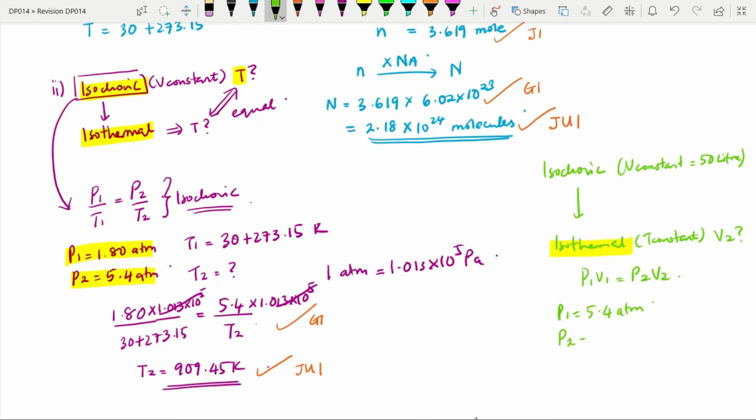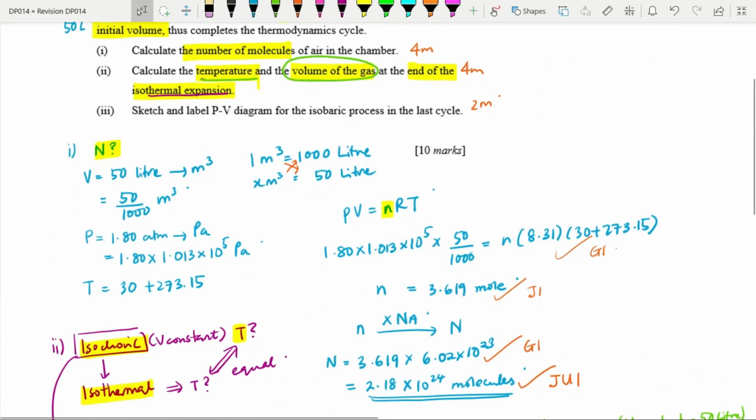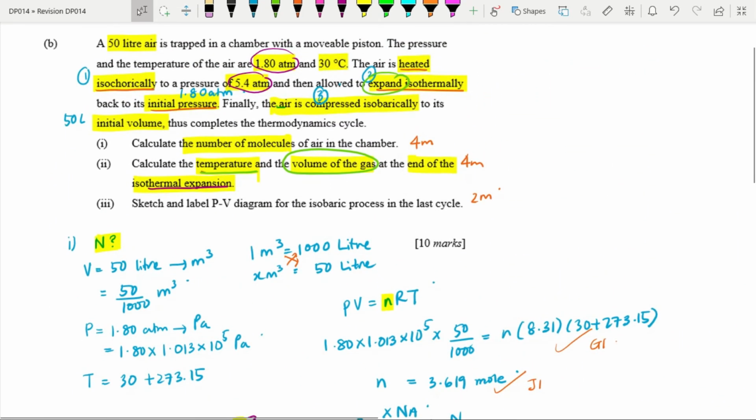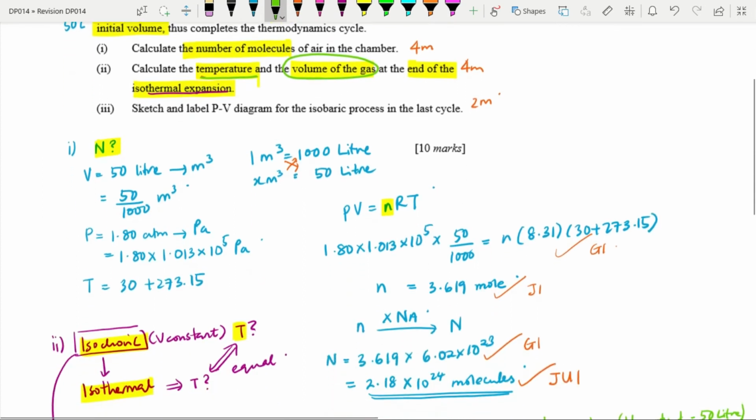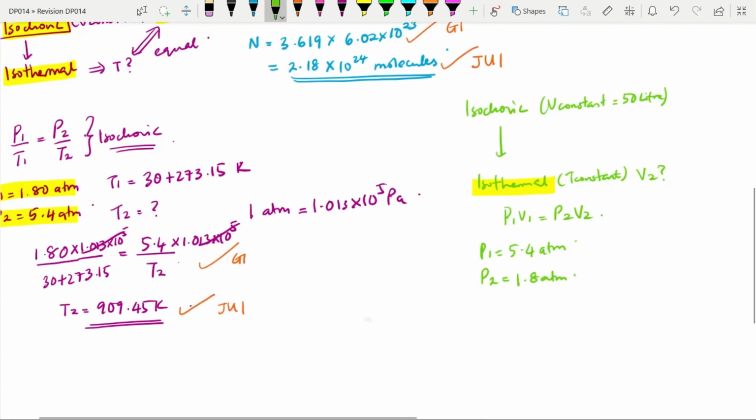Kemudian pressure 2 pula, apa yang diberitahu dalam soalan? Kita baca lagi sekali: expand isothermally back to its initial pressure. So waktu isothermal process, pressure tu berkurang kepada initial pressure which is 1.8 atm. Volume 1 yang saya cakap tadi lah 50 liter.